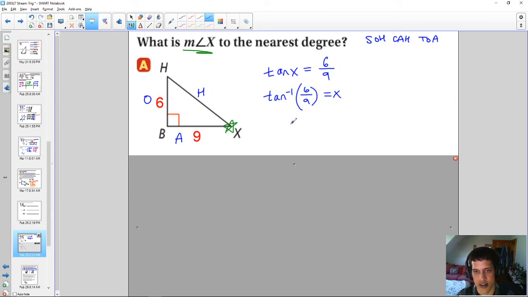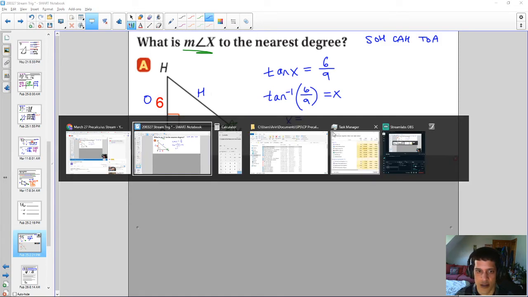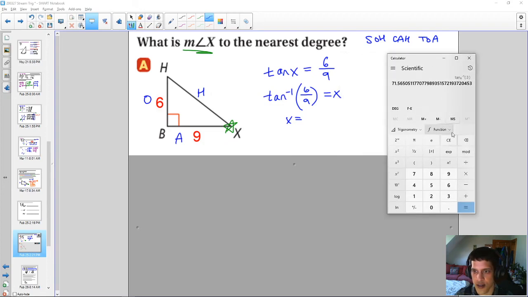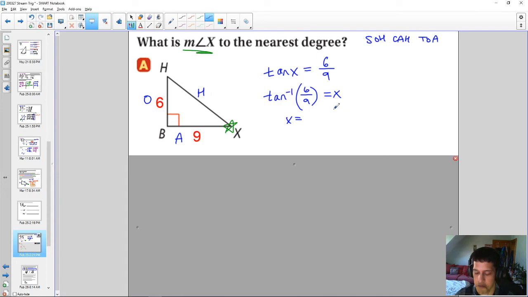What do we get? Calculator. Let's clear this out. We have 6 divided by 9. Trigonometry second tangent: 33.7 degrees. Does that make sense? Makes sense to me. Looks reasonable. 33.7 degrees. Awesome.